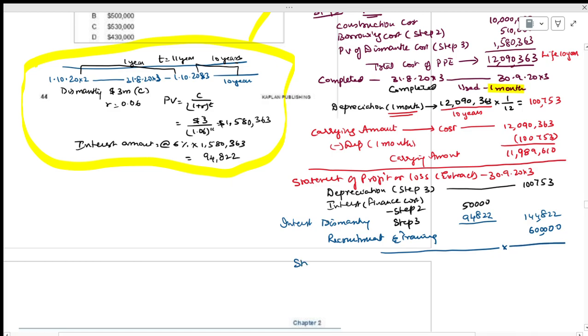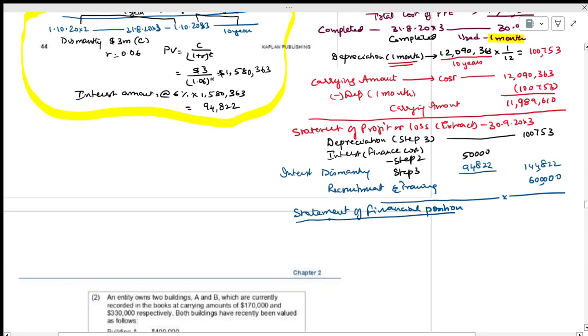Now, statement of financial position. What are we going to show? How much is the property, plant and equipment, step 3?